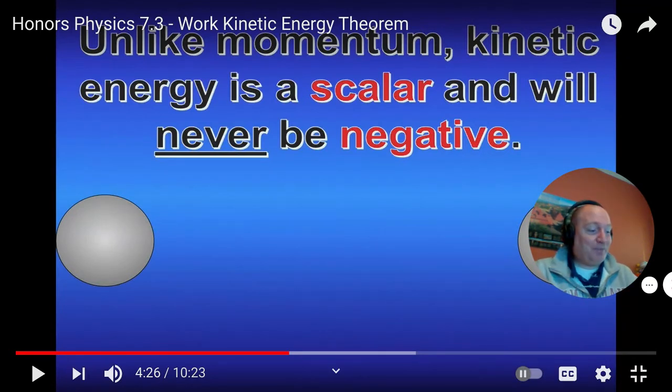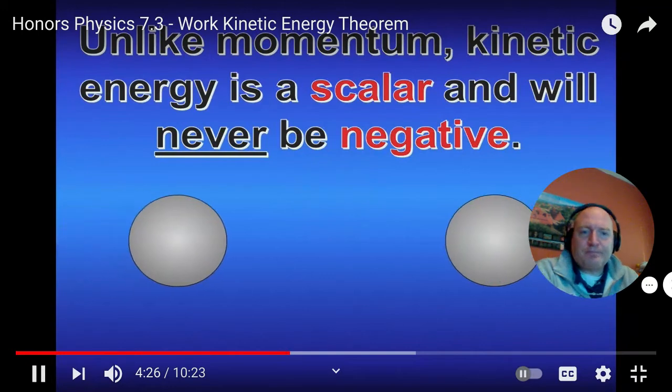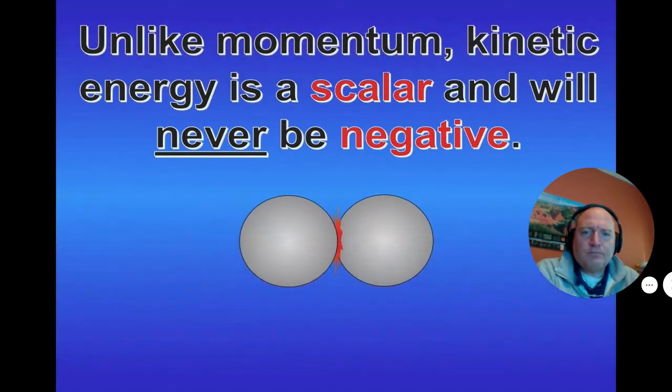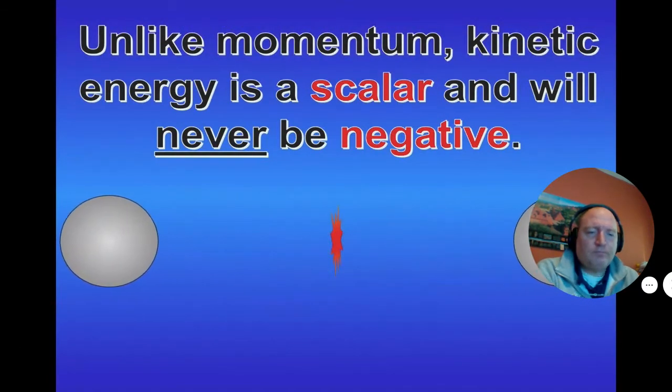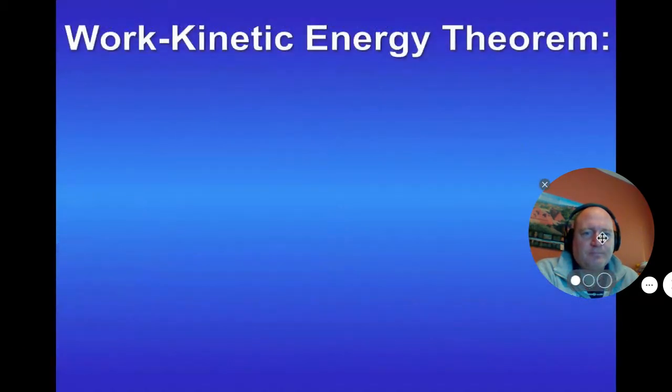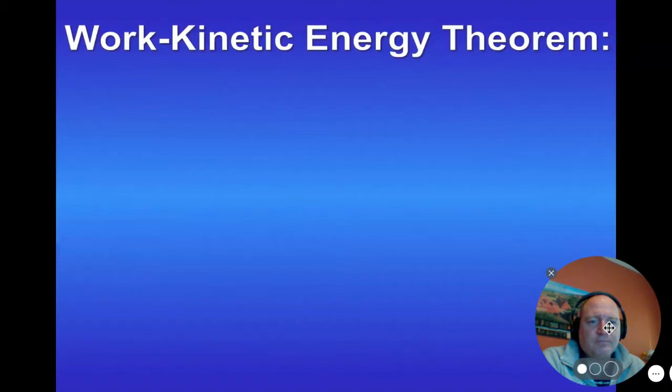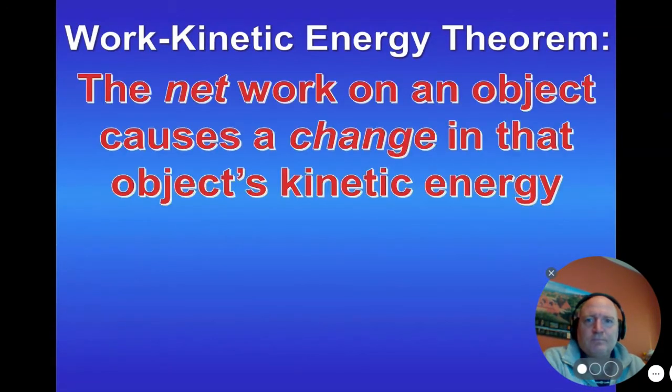It doesn't matter that these two balls are moving in opposite directions. They both have positive kinetic energy. So kinetic energy is always positive. Now let's relate work to kinetic energy with the work-kinetic energy theorem. Make sure you write this all out. The net work on an object causes a change in that object's kinetic energy.